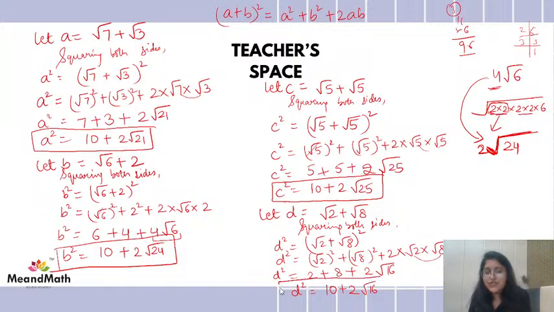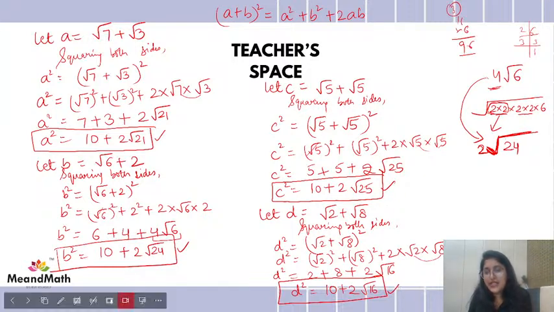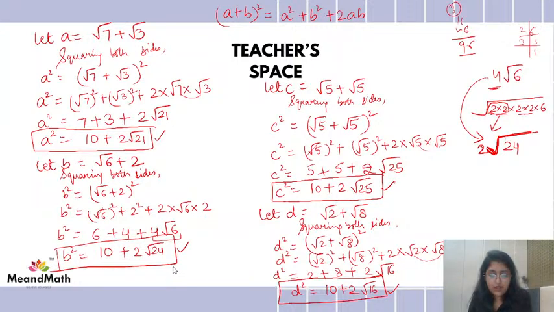Now it is easy to compare, students. Out of these, which is the greatest? See, the only difference over here is root 21, root 24, root 25, root 16. Which is greater among these? This 25, right? 21, 24, 25, 16.